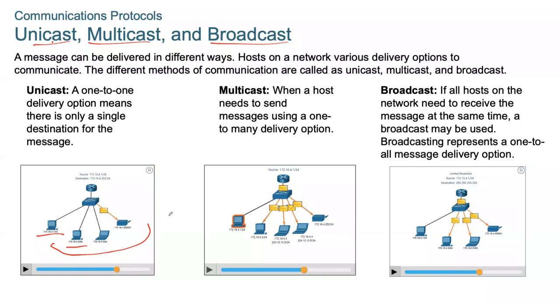So now the question is, if any IP address starts with 172.16, is it a private IP address or a public IP address? It's a private IP address. If any IP address starts with 192.168.0.0, it is also treated as a private IP address.